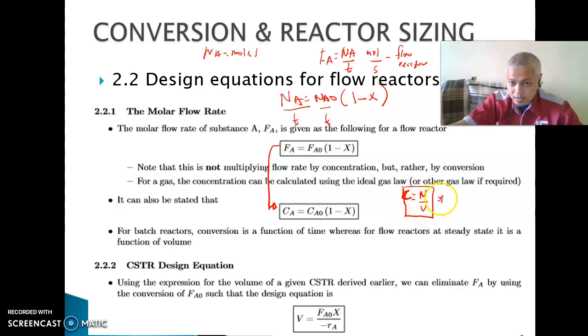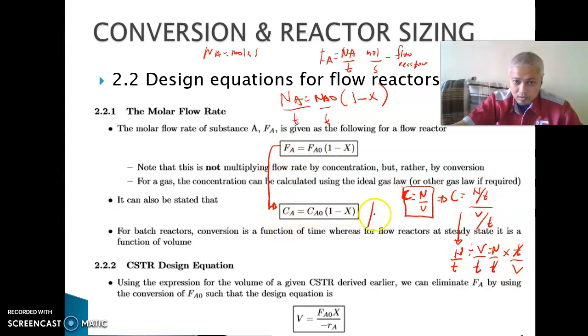So what we have here is C equals N over T over V over T. If we solve this, N over T divided by V over T gives N over T times T over V. We can cancel the T, then we still get N over V. That's why we can use Fa equals Fa naught times 1 minus X, and turn it into Ca equals Ca naught times 1 minus X.